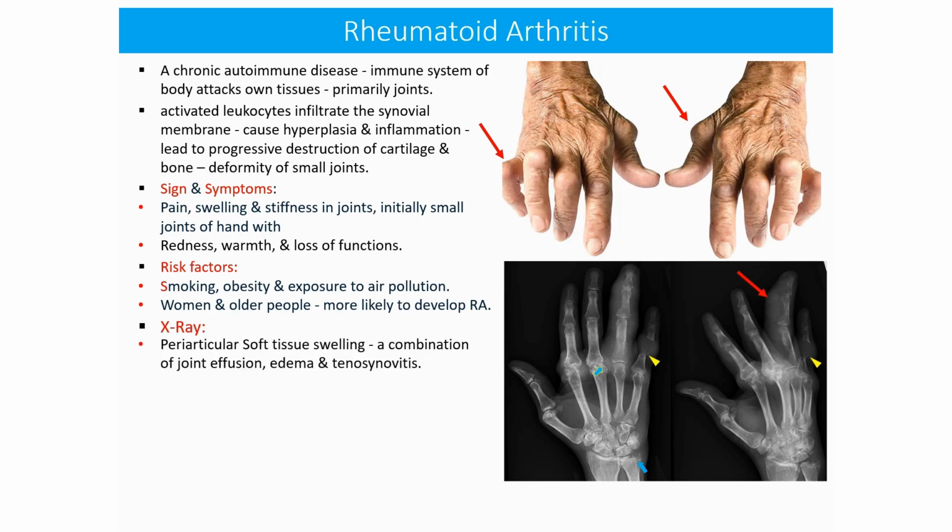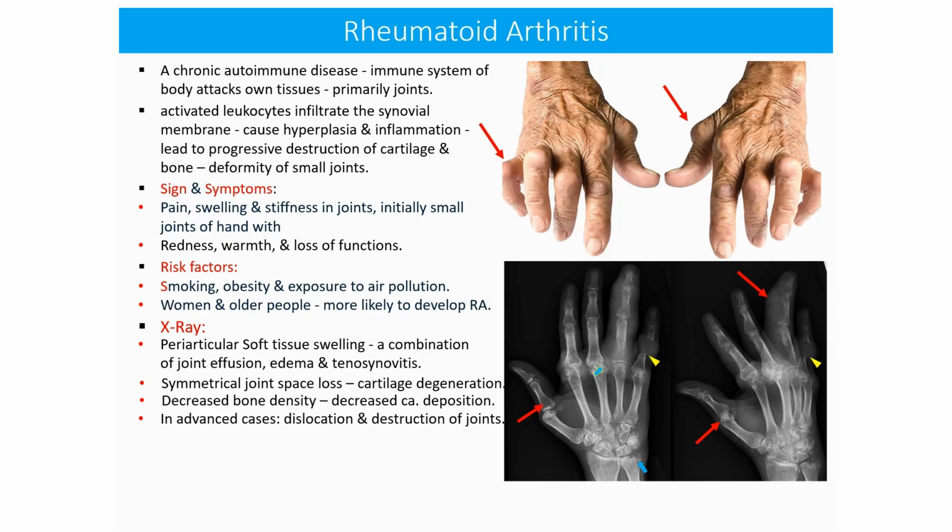X-ray findings show, number one, periarticular soft tissue swelling, which is because of the combination of joint effusion, edema, and tenosynovitis. Two, there is symmetrical joint space loss because of cartilage degeneration. Third, there is decreased bone density because of decreased calcium deposition.